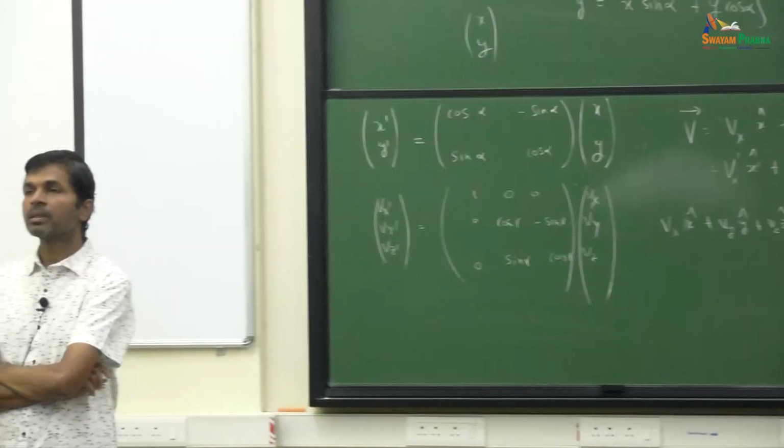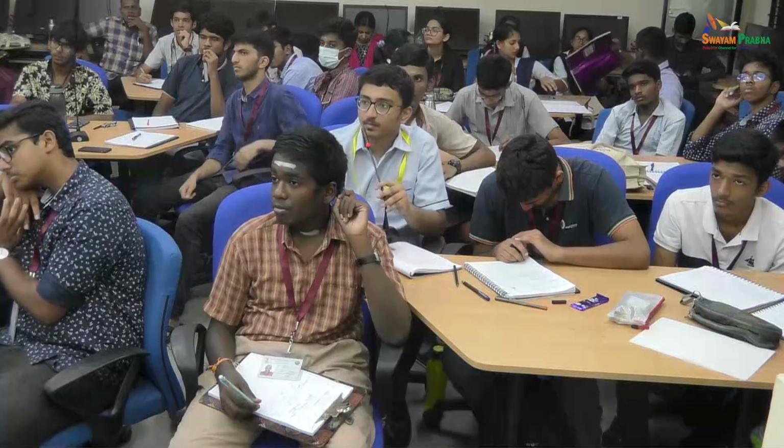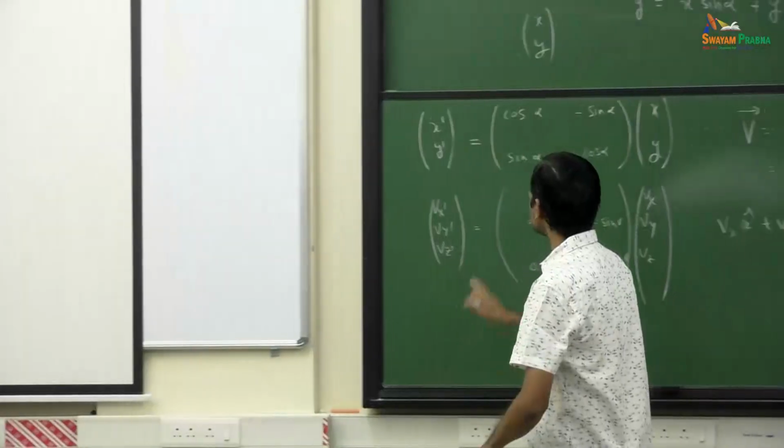What is the question? I don't understand. You told us how to prove that there are only 3 parameters in 3D space. So we can say after rotation there's angle alpha, beta, gamma with respect to the axes. So there will be only 3 parameters.